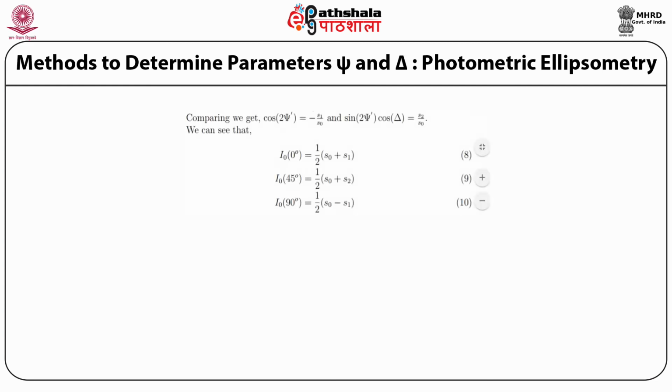Comparing, we get cos 2 psi prime equals minus S1 by S0 and sin 2 psi prime into cos of delta equals S2 by S0.